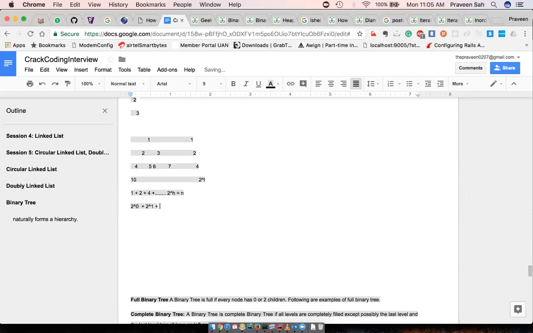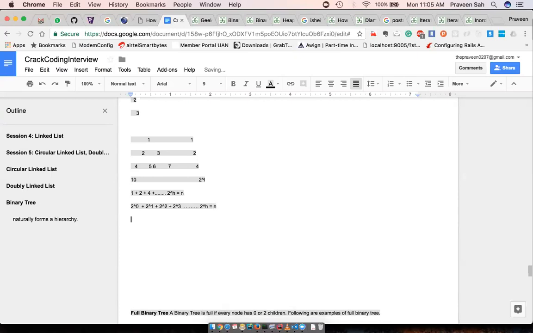Again, we are going deep into mathematics, but I would expect people to know these kinds of things. Plus 2 to the power 3, and so on, up to the maximum level h, and the sum is equal to n. What is this?